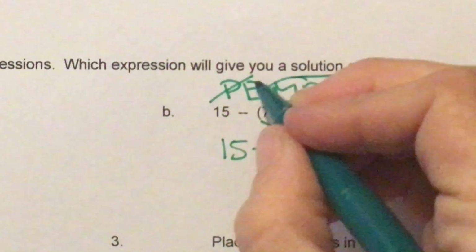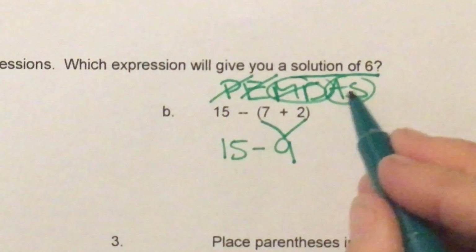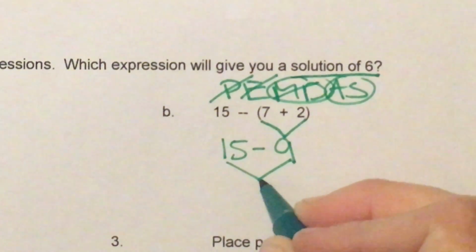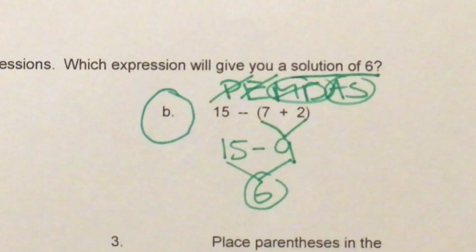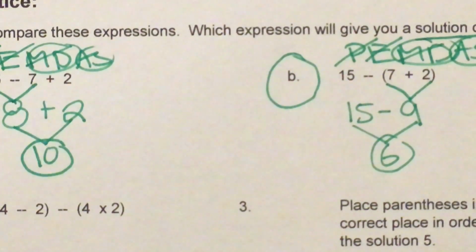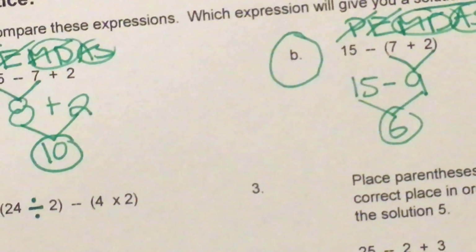No more parentheses, no exponents, no multiplication or division, and I do have addition or subtraction. 15 minus 9 is 6. So I found my answer. B helped me get the solution of 6. So those parentheses made a big difference. It changed my answer completely. Okay, that one I have to change to a division sign.